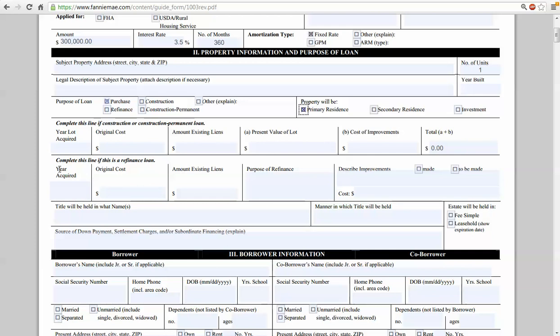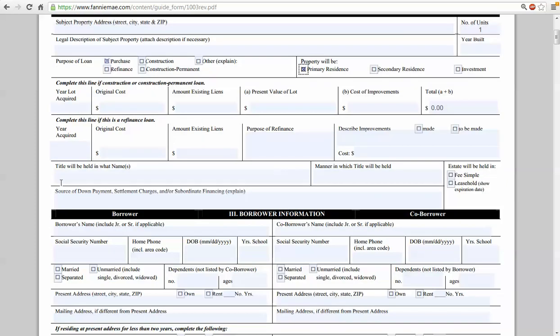The second one here is if it's going to be a refinance. Again, same type of information they'll be looking for: the original cost, the total amount of liens existing against the property. What's the purpose of the refinance? If you're doing it just to get a better rate and term, or if you're looking to take cash out to add on a bathroom or remodel your kitchen, then describe those improvements there and what you estimate that cost will be.